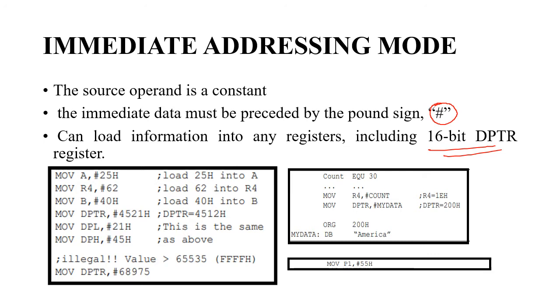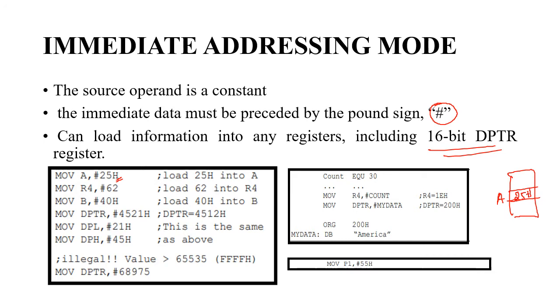If you look at some examples here for immediate addressing mode, we have MOV A, #25h. We know that A represents a memory location, an address of some memory in RAM. Now when you execute this instruction MOV A, #25h, the address represented by A will be loaded with the data 25h.